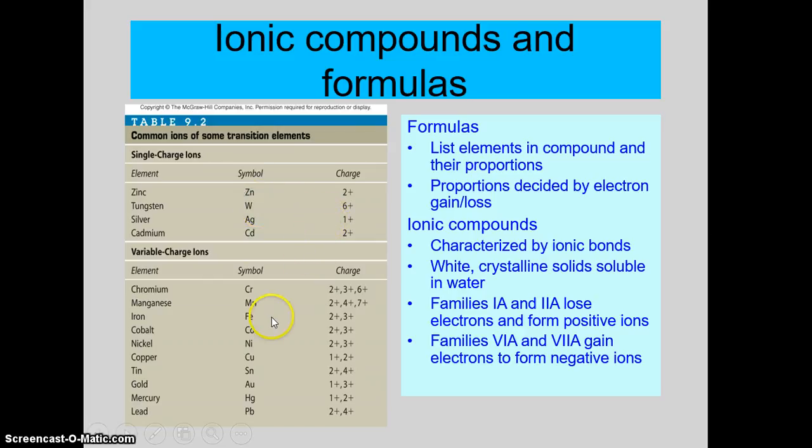All right, let's do another one. Let's do lead. You find a lot of compounds with lead. So lead is lead 2 or lead 4. Let's do an example with lead.